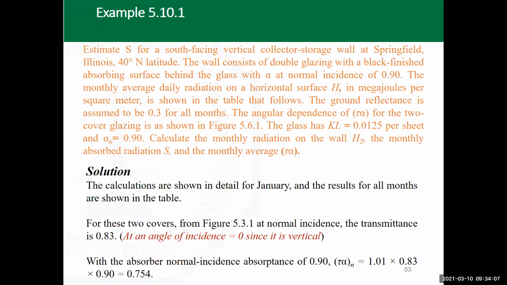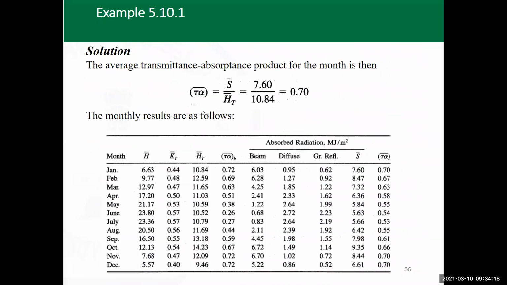I'm going to wait until I hear what you think. For example, if we are talking about a single glass, the components that we see in front of us here are the value of HT, the value of S, and the value of tau alpha that we have at the end.